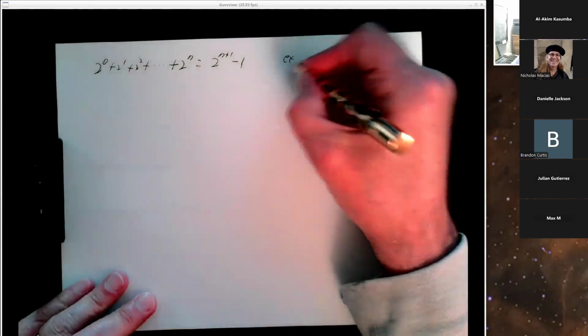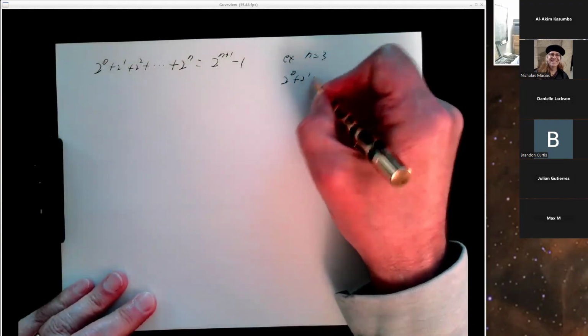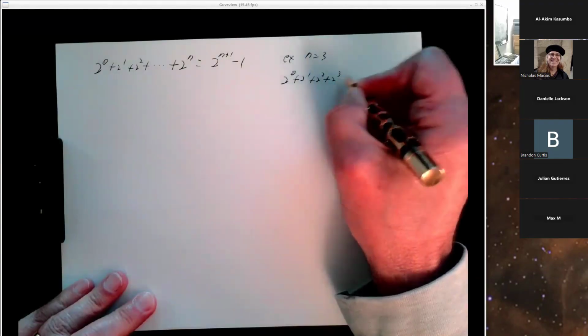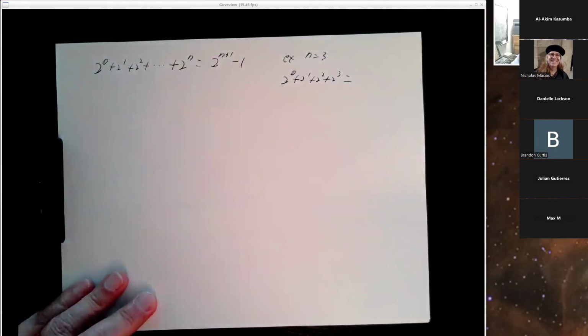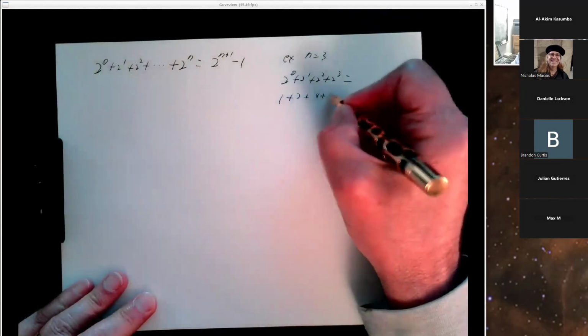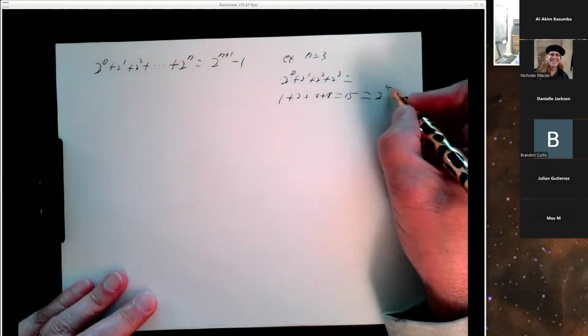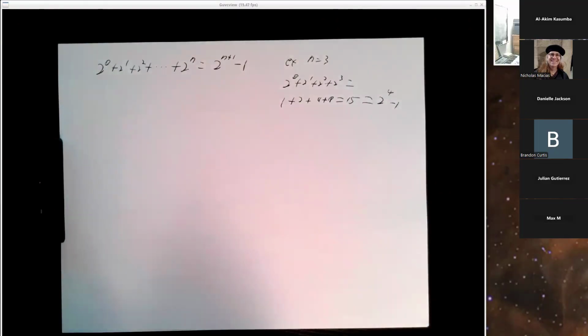For example, for n equals 3, 2 to the 0 plus 2 to the first plus 2 squared plus 2 cubed is 1 plus 2 plus 4 plus 8, which is 15, which is 2 to the fourth minus 1.